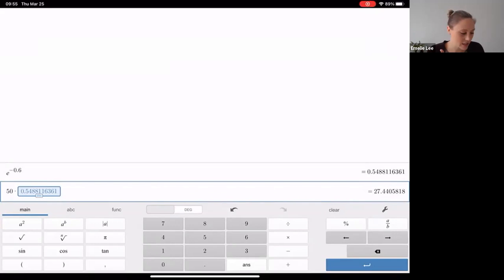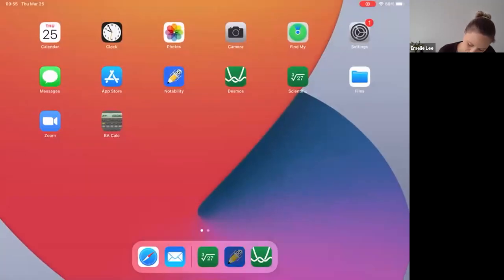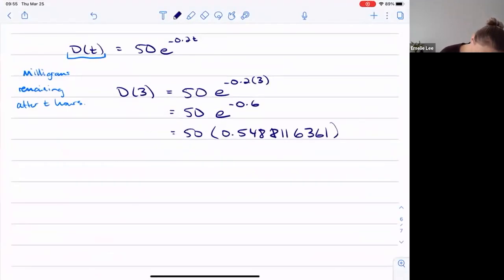So here we have our final answer, and I'm just going to do it on this side here. And I get the same thing. So I get roughly 27.4405818. And what is this?